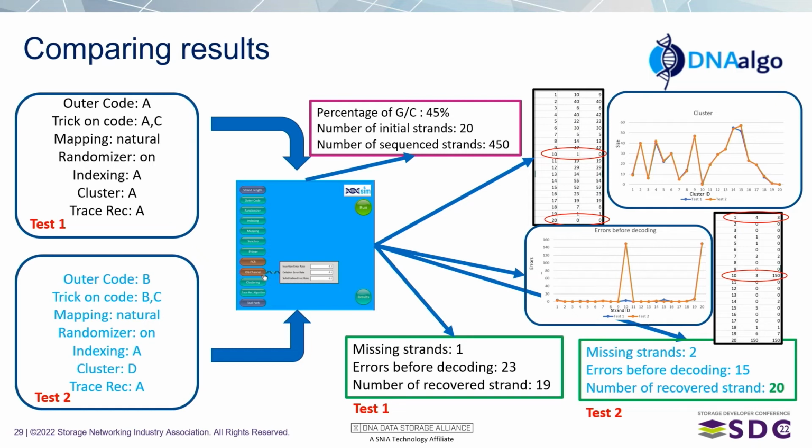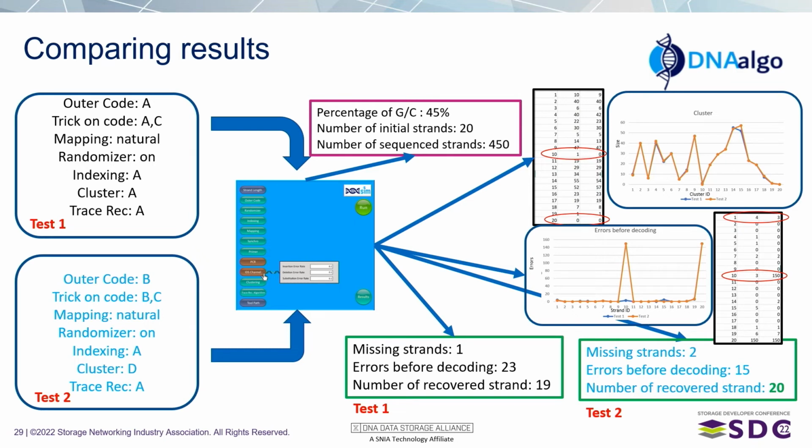And what happened? Okay, we have a number of pieces of information about the noise, for example the percentage of GC and the number of initial strands. This is just an example: suppose that at the beginning we just had 20 strands, and then we have a number of sequenced strands, 450. Of course, the information is the same because the noise is the same.